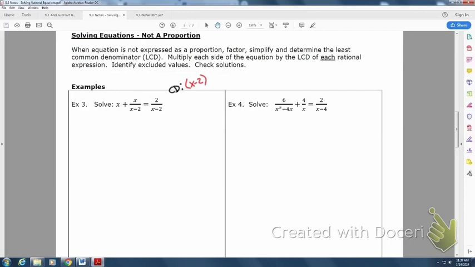Which means what is the only term that I need to apply the common denominator to? The first one. So I'll have x times x minus 2 over x minus 2. And then just the rest of the equation that I've got there.